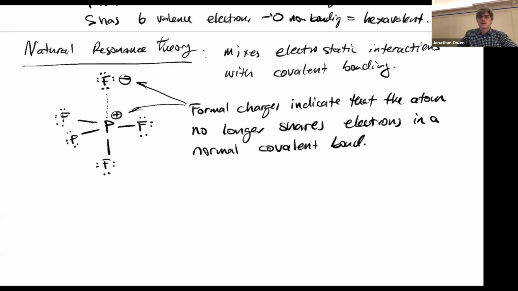Okay, so no longer making a normal covalent bond here. And so this kind of saves the day, and now we can stick to our octet rule. Now, there's a lot of ways to draw this stuff out.